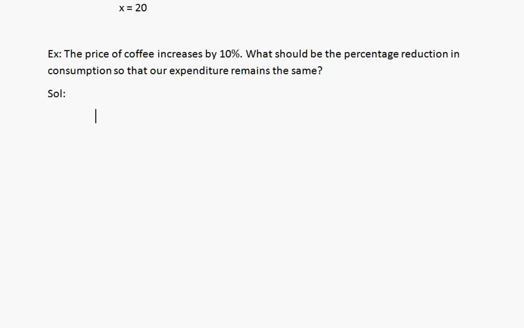I hope that you are able to solve it. So the price of coffee increases by 10%. Let the initial price be P and the initial consumption be C, right?